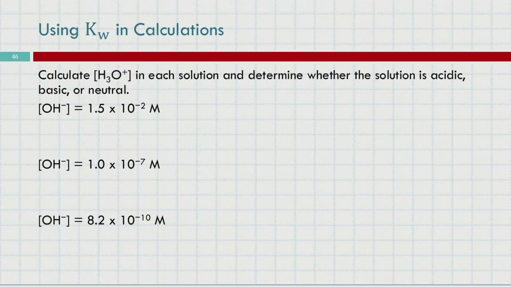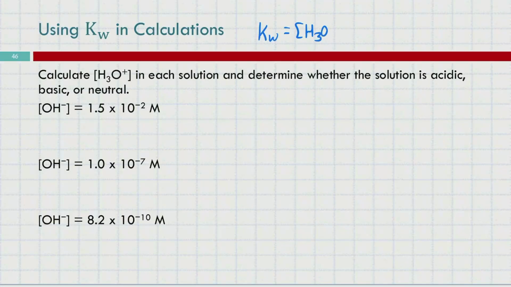All right, we can use Kw in calculations. Indeed, we're going to use Kw in calculations. Kw is our water ionization product constant. It's the concentration of H3O plus times the concentration of OH minus, so acid concentration times base concentration, and it's got a value of 1 times 10 to the minus 14.